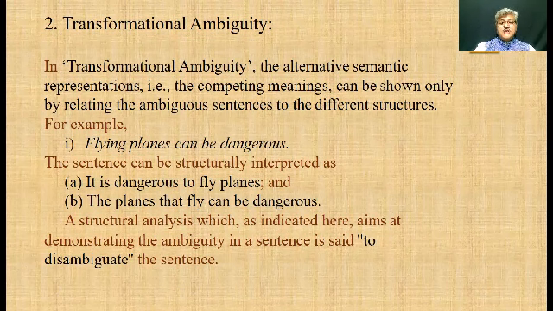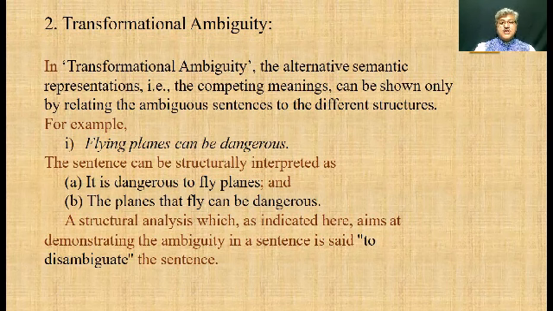Third, structural ambiguity: the factors involved. Find below a few examples of structural or grammatical ambiguity arising out of the structural positioning of the different elements and the semantic factors involved.